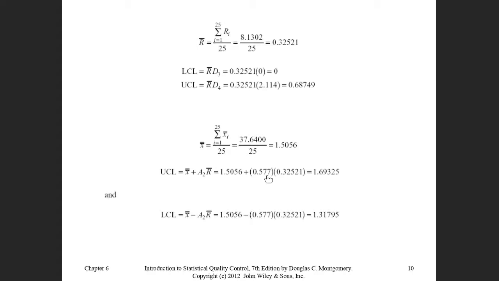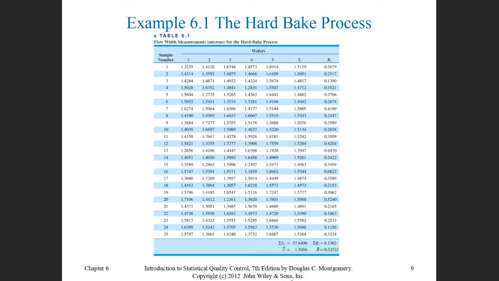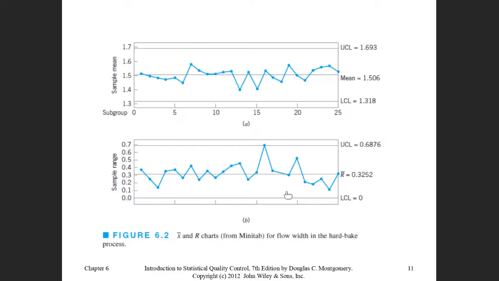It is multiplied with the R bar also found from the readings, and that is the upper control limit. For the lower control limit, the only difference is the minus instead of the plus for the A2 R bar. The center line is the X double bar itself, which is found from the readings here, as we mentioned, 1.50. Then you can draw the control charts for the X bar, which is on the top here, and the R chart, which is on the bottom here.